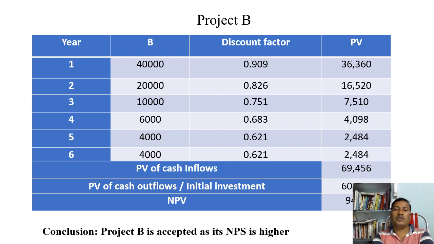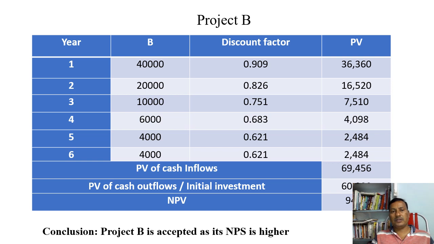The present value of the cash outflow or initial investment is 60,000. So the net present value becomes 9,456. What you can give as a conclusion: project B is accepted as its NPV is higher. The net present value is greater than the project A, so the management can prefer the project B.